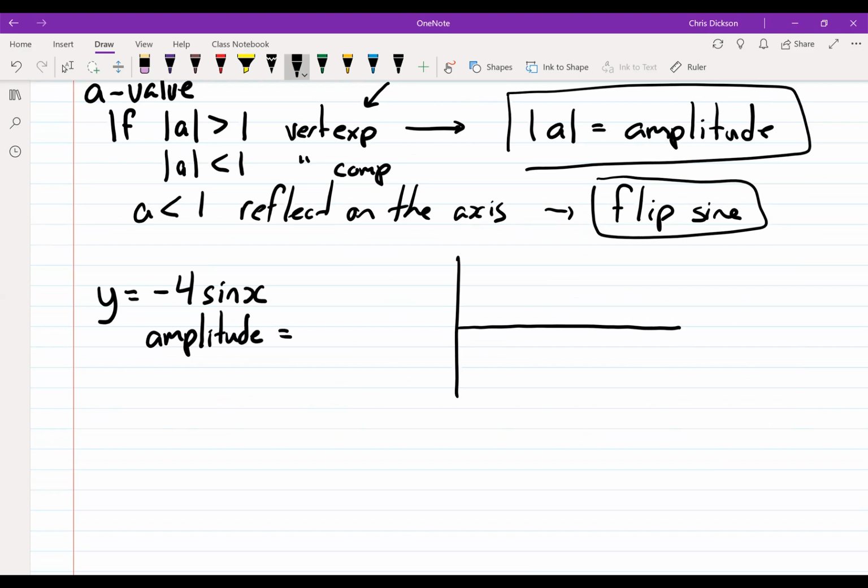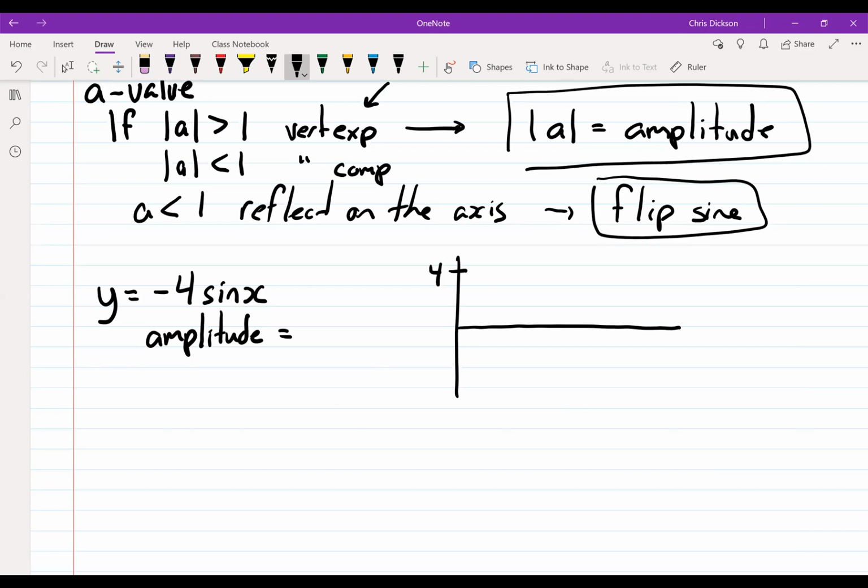So what do you think the amplitude would be for this question? Notice that the a value is -4 here, so we do have a reflection. But since it's -4, we know that the actual amplitude should be 4.